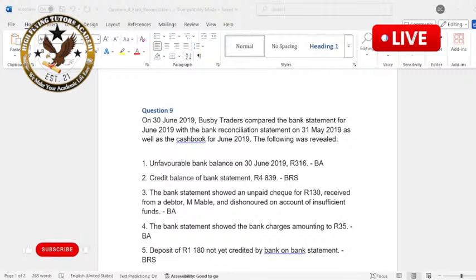So it will appear in the bank statement, but it doesn't appear in your account because it happened in the bank. So we are going to record this in the bank account, right? So let's just go there.